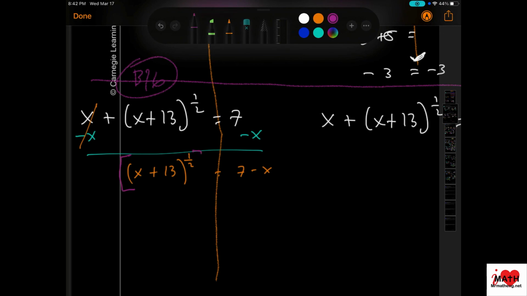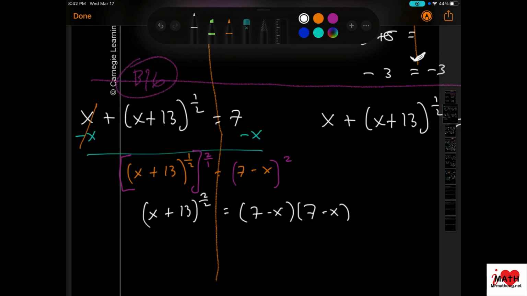I want the exponents to multiply to be 1. So you multiply by its reciprocal, which is just squaring both sides. You'll get x plus 13 to the 2 over 2, and 7 minus x, 7 minus x. And then this will get you 1, so x plus 13.